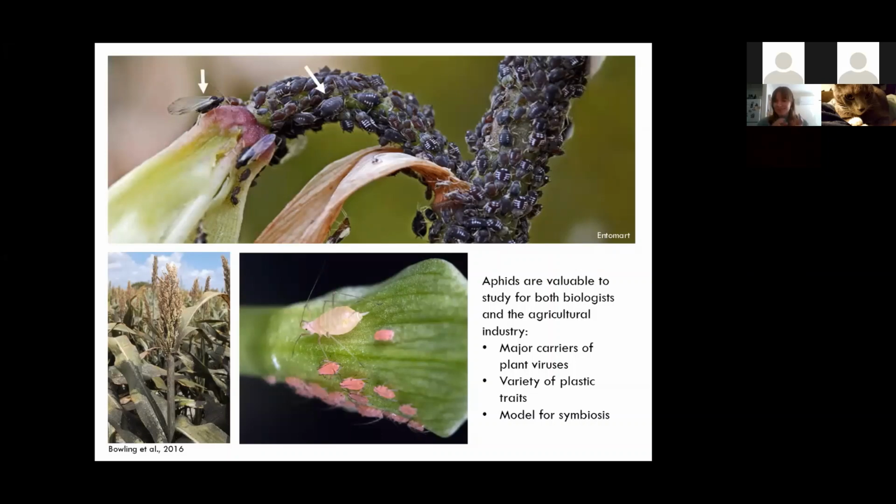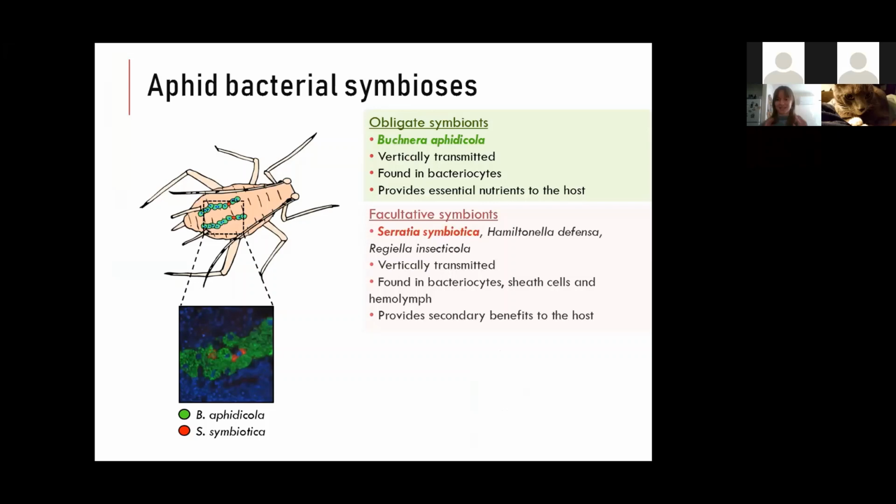When they get really stressed out and crowded like this, they'll produce offspring that have wings that are able to fly and go feast on a new plant. They're also great models for symbiosis, which is great when you're trying to engineer them for the purposes of paratransgenesis. So I'm going to dive into those symbiotic relationships real quickly here.